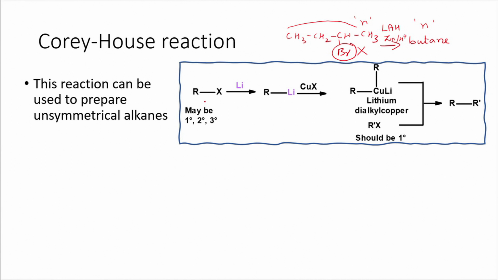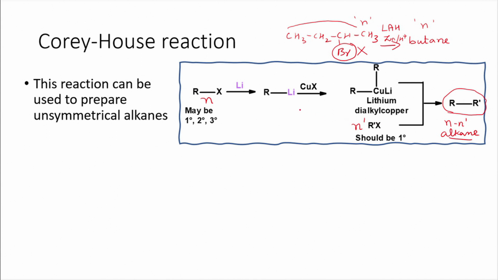If we have 2 units, we can make unsymmetrical alkanes. If this is n and this is n prime, we can add n and n prime to get an n plus n prime alkane. So, we can add more carbon atoms.